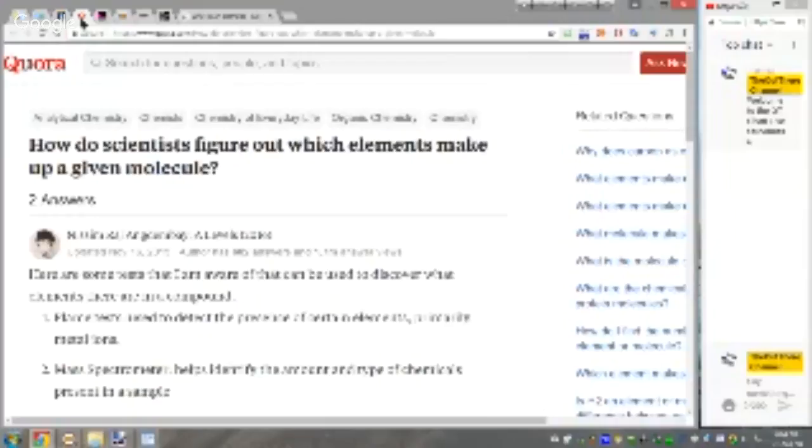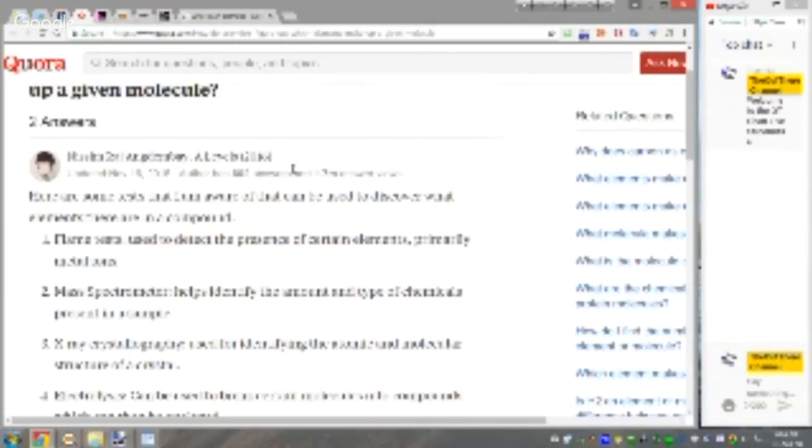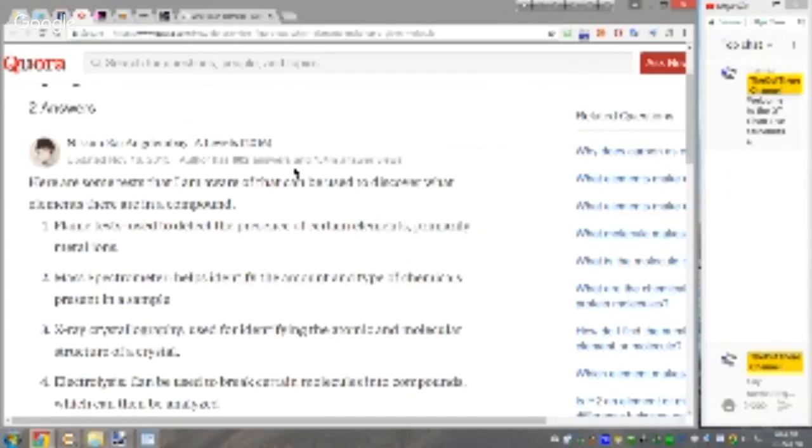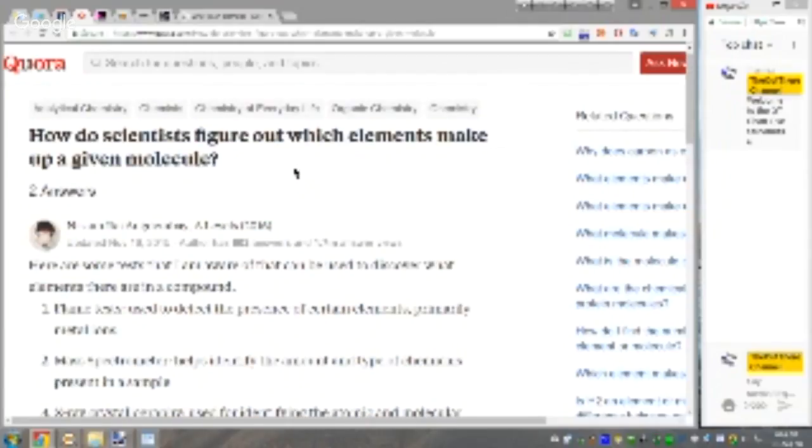Since we can't actually see what's in a piece of material from a UFO, say, a piece of metal or something, there are certain tests they have to do to make an educated guess at what it is made of, by breaking it up into smaller bits. And the way they do that is these methods here.